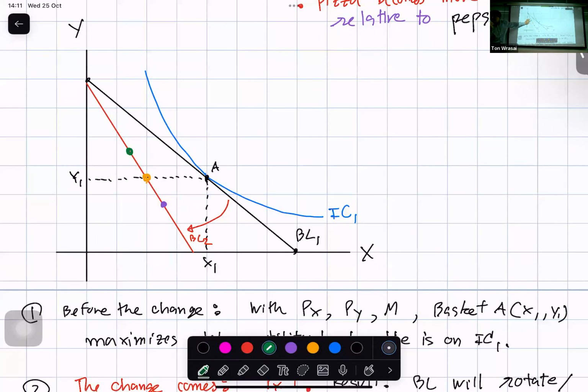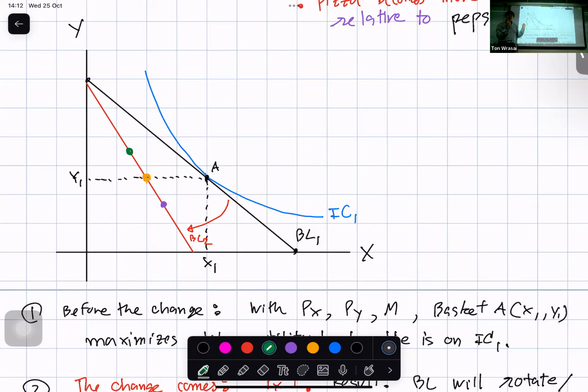But whatever he decides, he buys less pizza. Whether purple or orange or green, he buys less pizza for sure. But for Pepsi, it depends. He could buy less Pepsi too, he could buy the same amount, or he could increase his consumption of Pepsi. It depends on his preference.